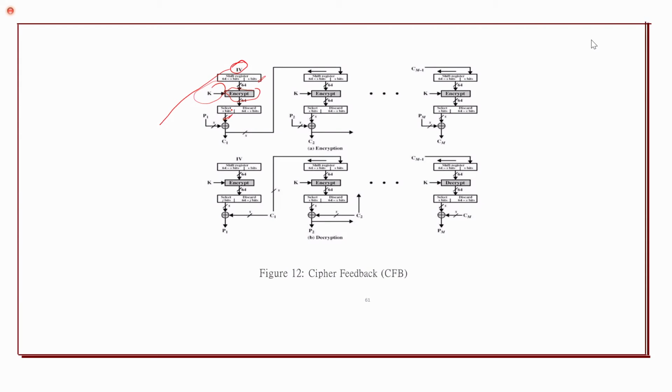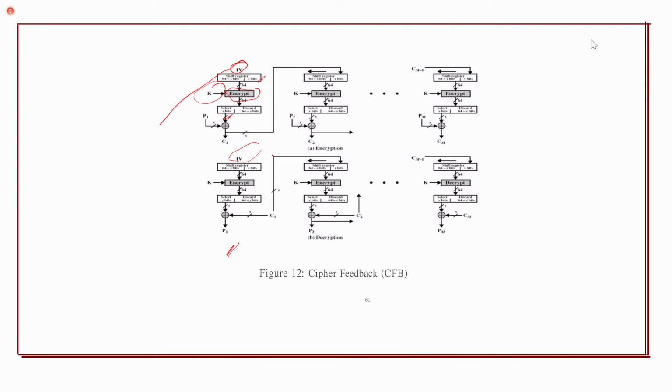So like that, here in cipher feedback mode also it uses the initialization vector, and the output of one block will be used as the input to the next block. At the decryption side, it takes the initialization vector, whatever is there at the encryption side, the sender side, will be considered.